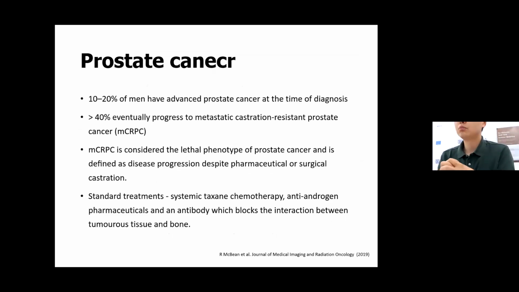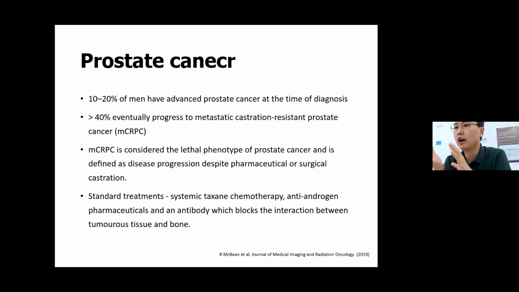Next, I would like to move on to prostate cancer. In Korea, prostate cancer was not a frequent cancer, but nowadays it is significantly growing in men.